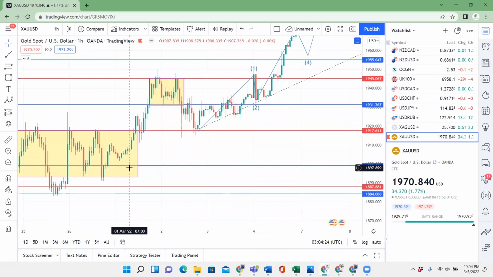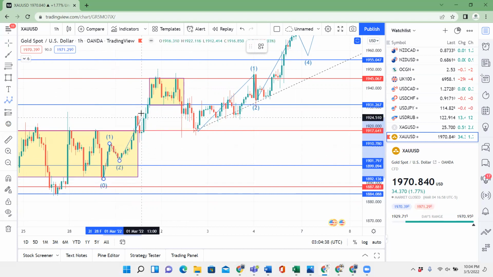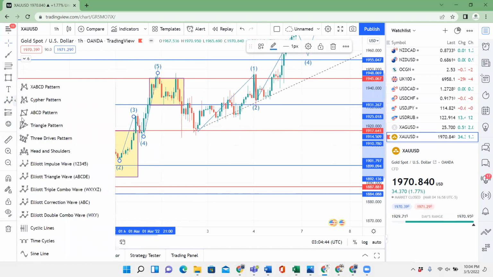Let's see if we can continue that. I think this might be it too. 1, 2, 3, 4, 5, A, B, C, correction. See, now this is how we can start finding out if our Elliott wave is actually consistent. Elliott wave theory states that everything is just lines of Elliott waves. See that? Right to 5. And then we're going to go to the ABC correction.